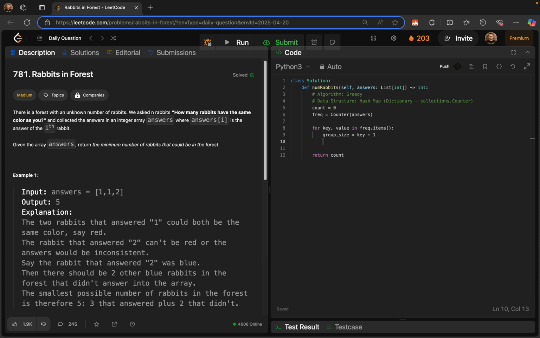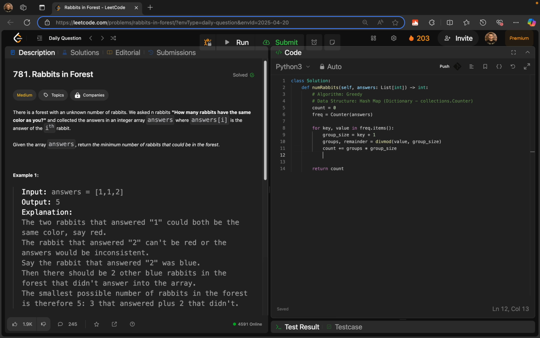The next step is to use divmod on value and group size, which gives us the groups and the remainder. Now we will start adding to our count: groups multiplied by group size.